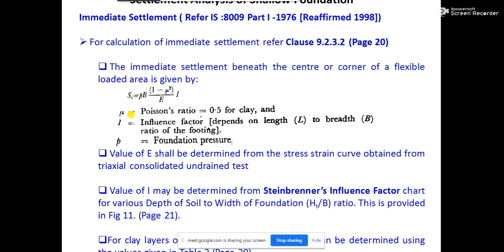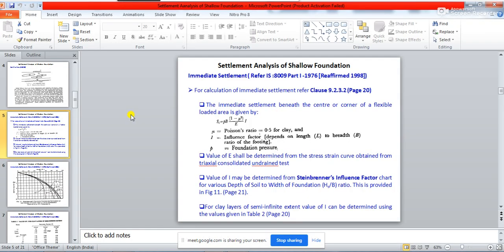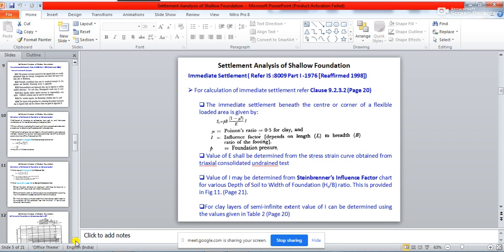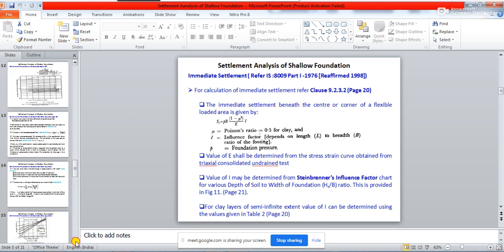One is the correction for the depth of the footing, called the depth correction factor, and the second is the correction for rigidity, called the rigidity correction factor. Let us now try to understand what these two factors are and how we can calculate them using Indian Standard Code 8009.